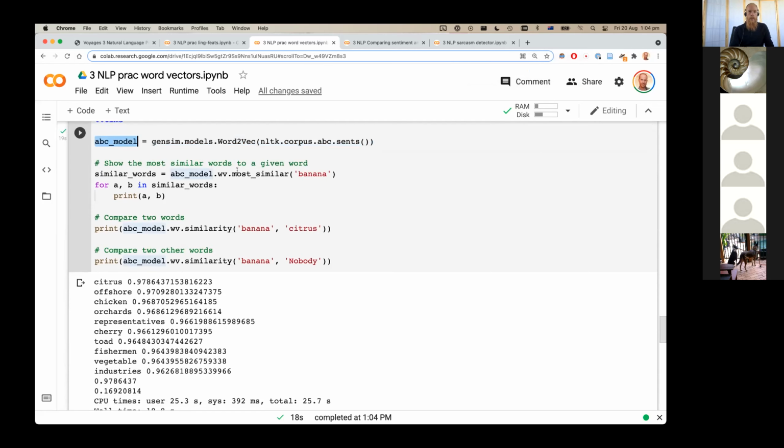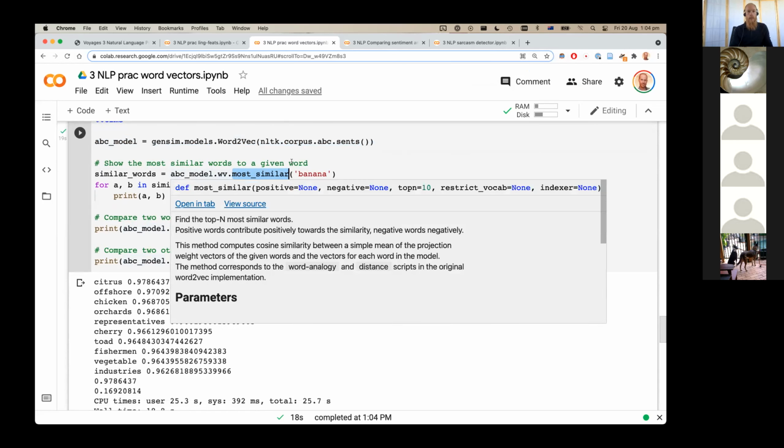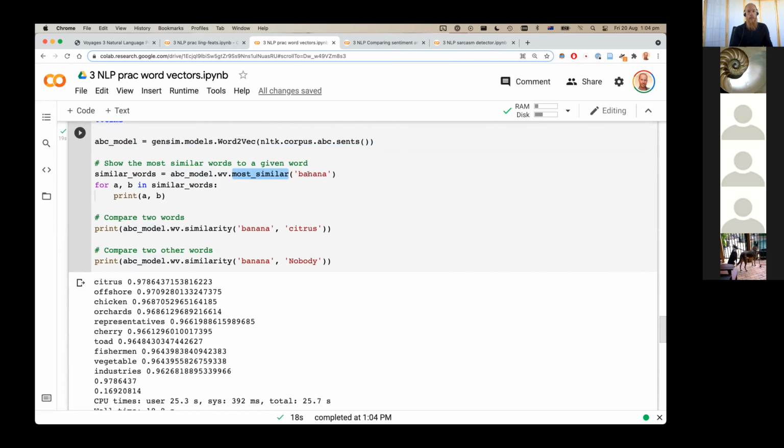Now, like spaCy had that similarity method, here we can use wv.most_similar and pass in a word, and we can get a list of the 10 most similar words to the input word. So that will give us this list and a similarity value. So the 10 most similar words to banana, some surprises in there.